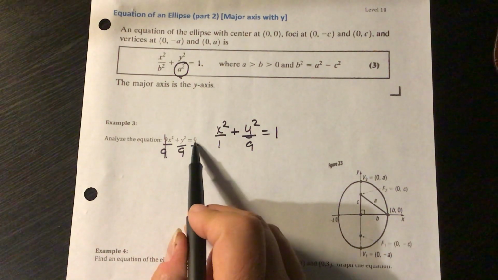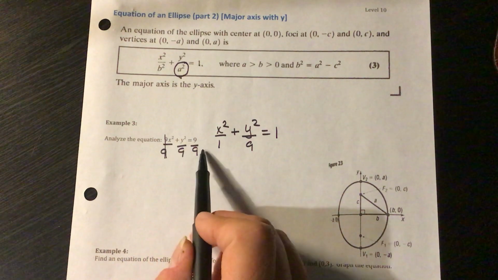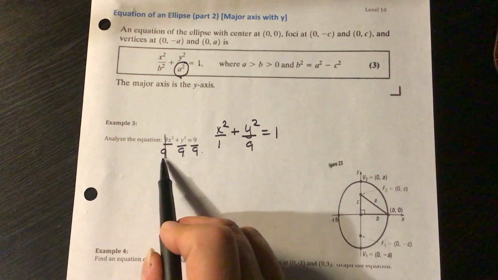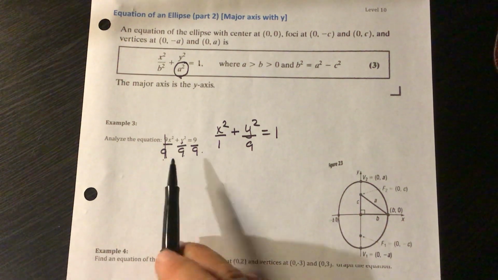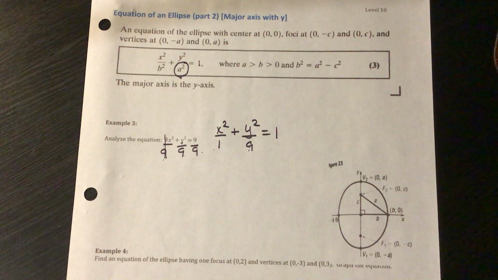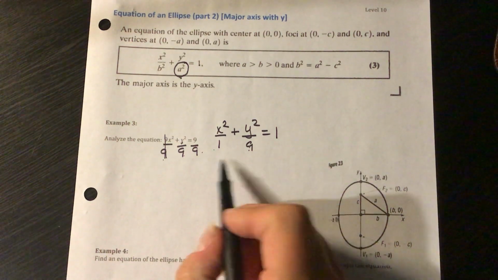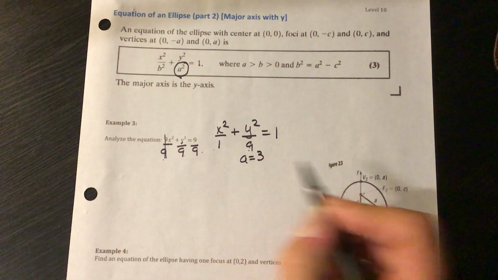Just dividing by that constant term is likely going to eliminate any coefficients that we have with x and y, and it will put our a and b values underneath the x squared and y squared. So I know that my a value, the long one, is 3.